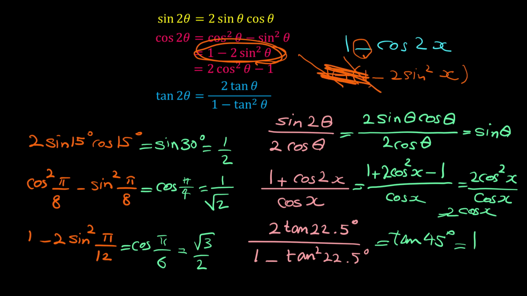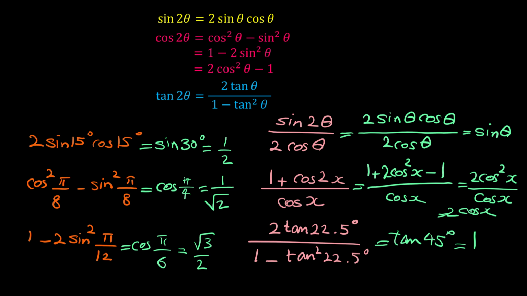So which one is the best one to be used here? The second one. So for this example, we use 1 minus 2 sine to the 2 for cosine of 2 theta. So memorize this formula, 1 minus 2 sine to the 2.